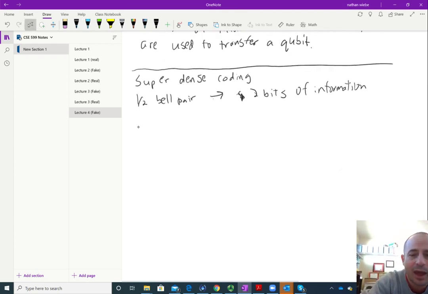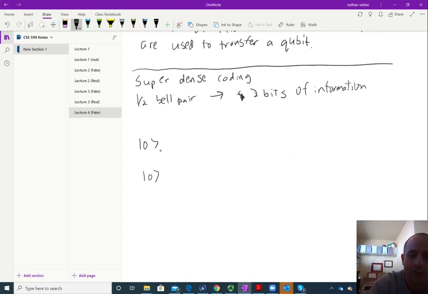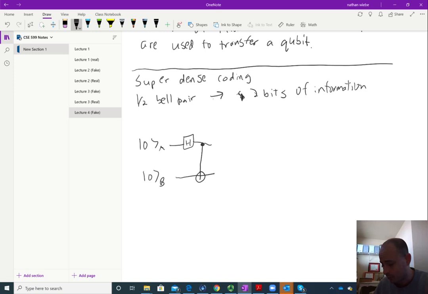First, Alice and Bob begin by preparing their states in the 0 state. Then they prepare a Bell state, or a maximally entangled state. The two words are equivalent.